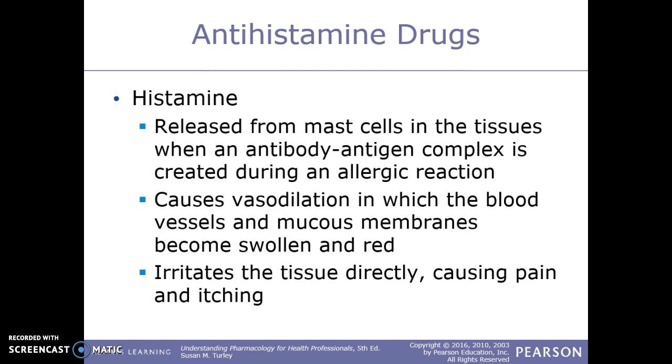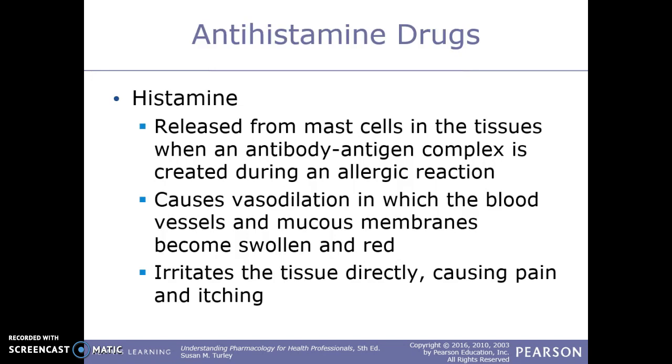They're going to shrink inflammation. One of those big side effects, though, is drowsiness a lot of times with antihistamines. Benadryl is one of the most common antihistamines, and it actually is used for its side effect of drowsiness for other reasons as well. So not just for its antihistamine properties.